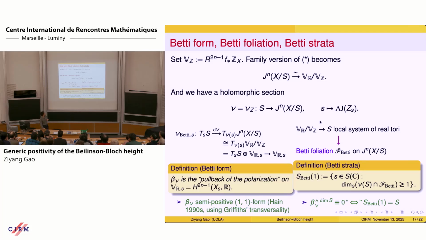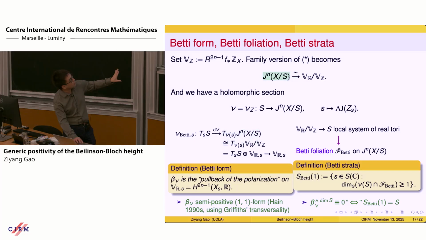For example, X is just C_g cross C_g cross C_g over M_g, and Z is the family of Gross-Schoen cycles. Because of this, we can define the so-called Betti map in this case. It's a map on tangent spaces, from the tangent space of the base to the tangent space of the whole complex variety.